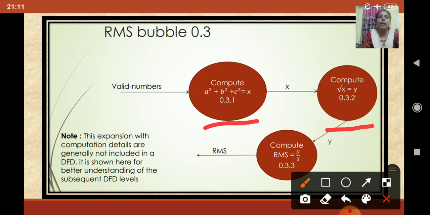Let root x be y, then it computes the mean value, y by 3. This is process 0.3, and it is the decomposition of the 0.3 bubble, so it is numbered 0.3.1, 0.3.2 and 0.3.3. After computing y by 3, where y is the value of root x, it will display the result. It goes to the result process.